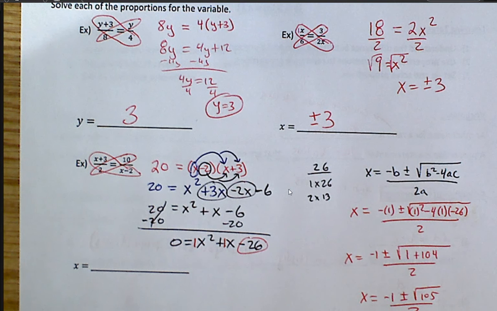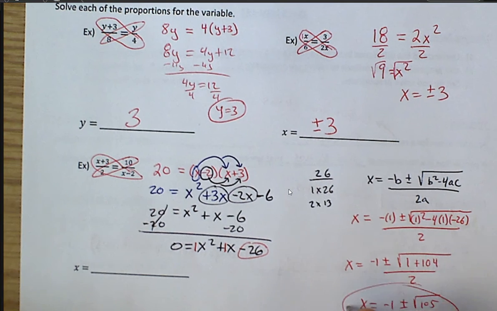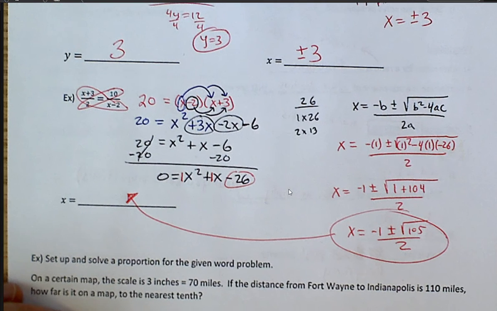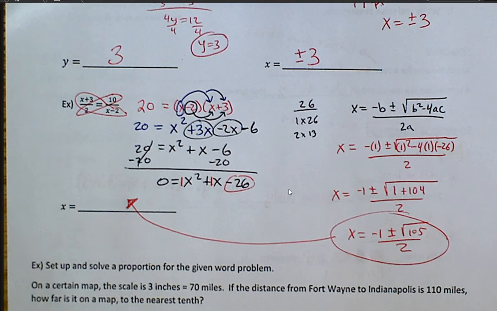I'm just trying a couple things here real quick. 105 divided by 16, no, 105 divided by 6. So I'm going to leave this as my answer right there. Now that's kind of nasty, but that's how you would do that problem.